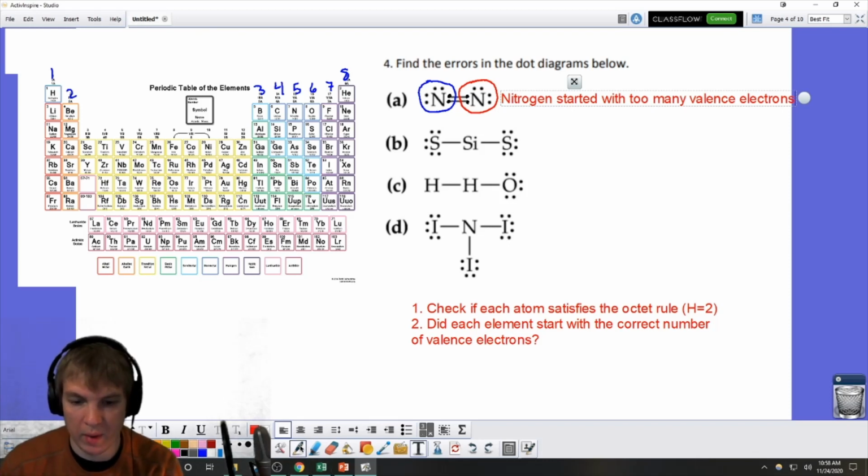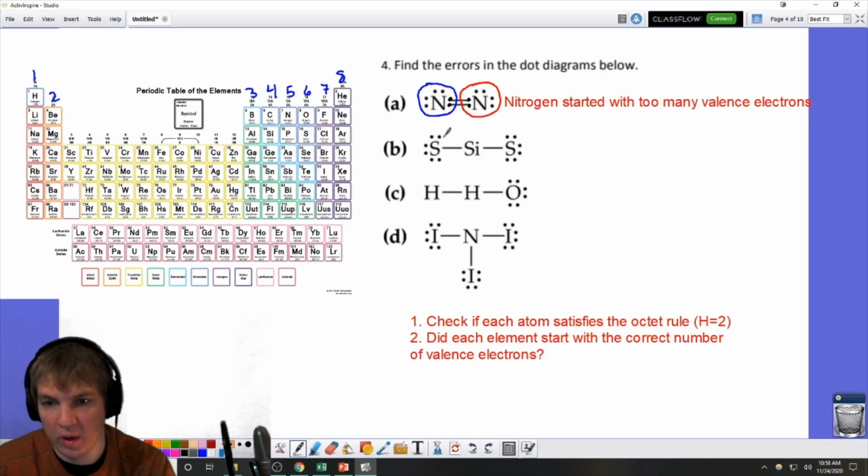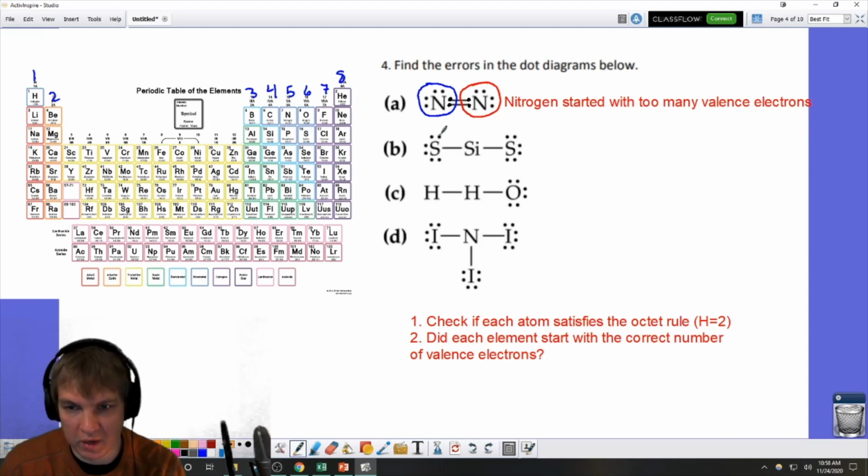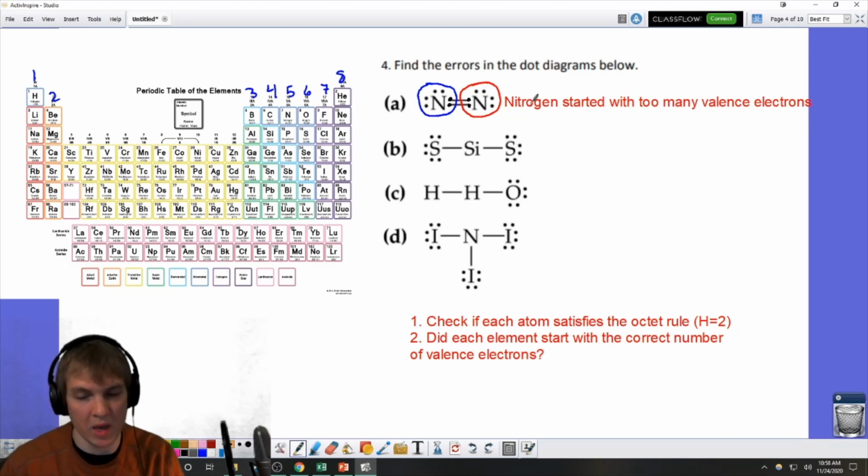All right, problem 4b. We have a sulfur, silicon, and another sulfur. Check if each atom satisfies the octet rule. Well, this sulfur has 1, 2, 3, 4, 5, 6, 7, 8. This sulfur has 1, 2, 3, 4, 5, 6, 7, 8. But the silicon only has 1, 2, 3, 4. So that's the main issue here.